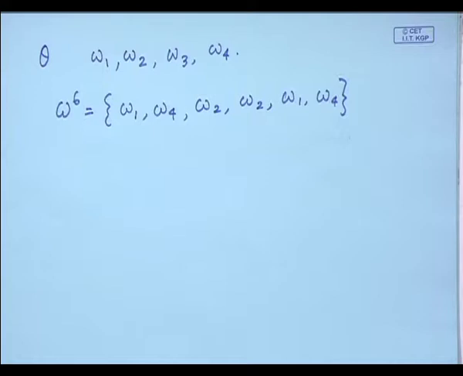So, this is the sequence of states to which the machine makes a transition.